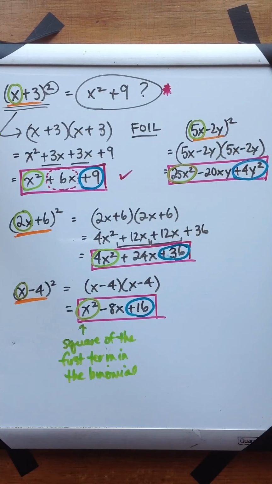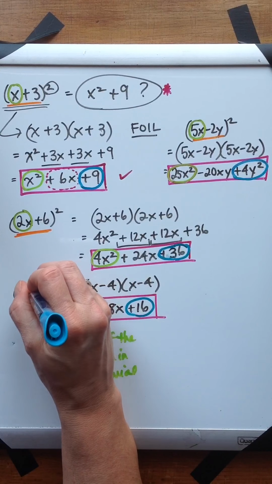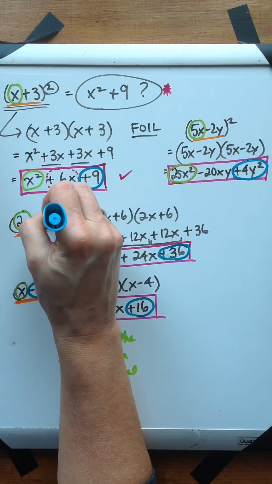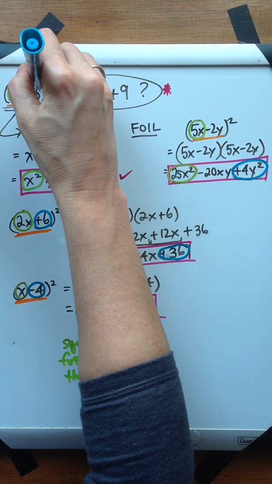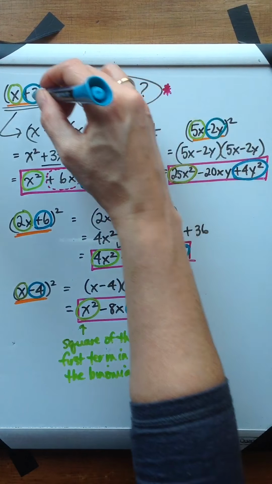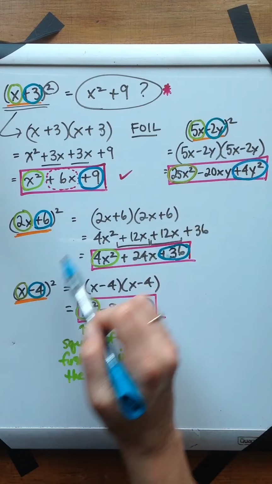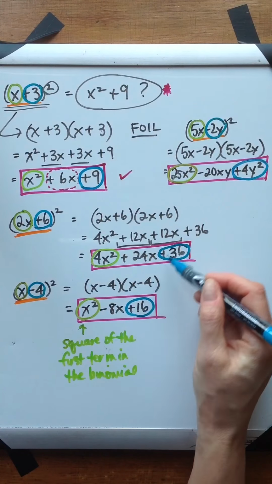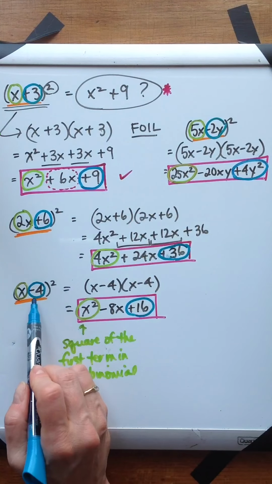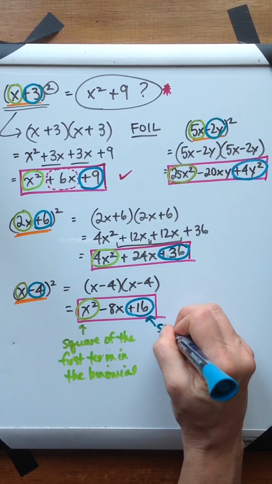Well, let's look at how they are related to the last term in the binomials that they came from. Here they are. Notice that the last term in these first two binomials is positive, but the last term in these two is negative. Well, why is the answer always positive? Well, because again, this comes from squaring that last term.